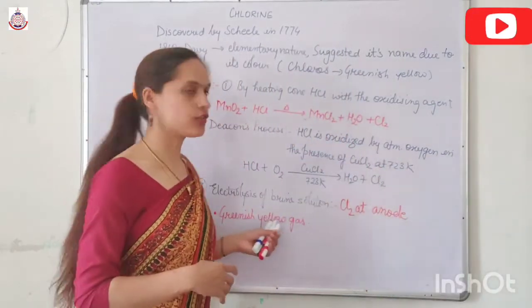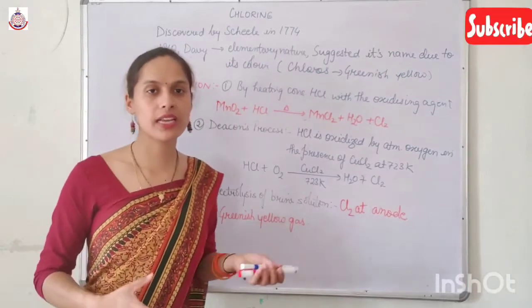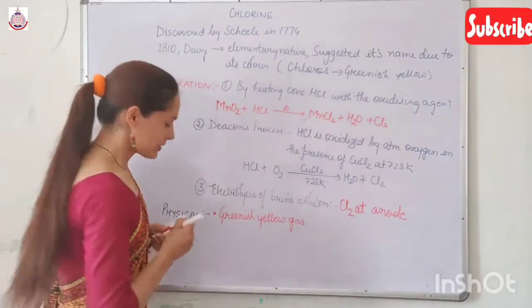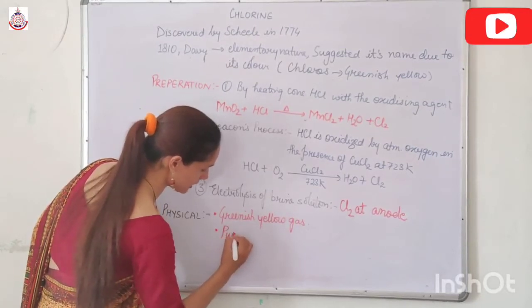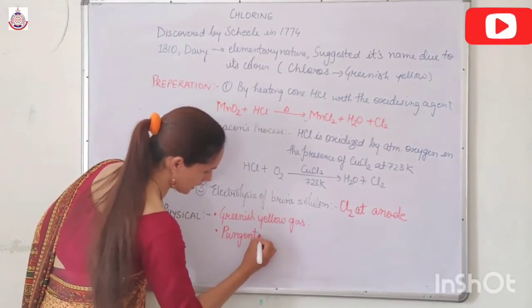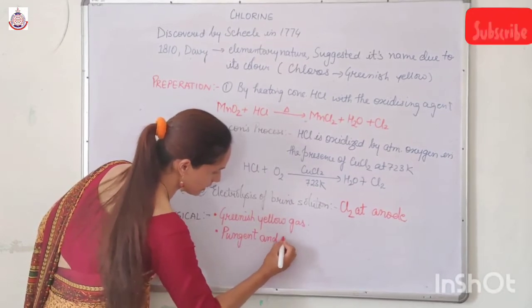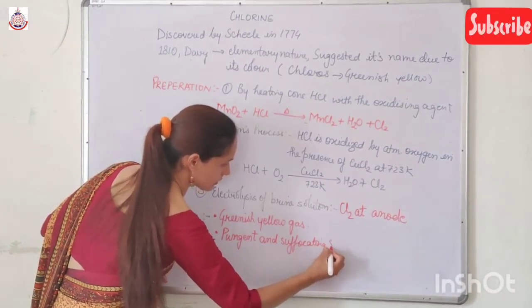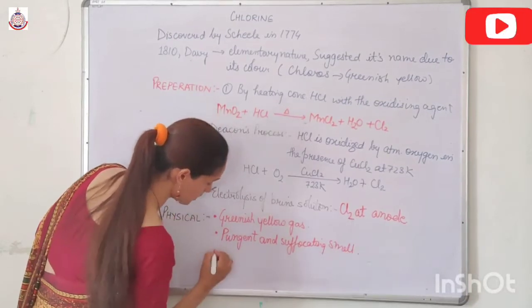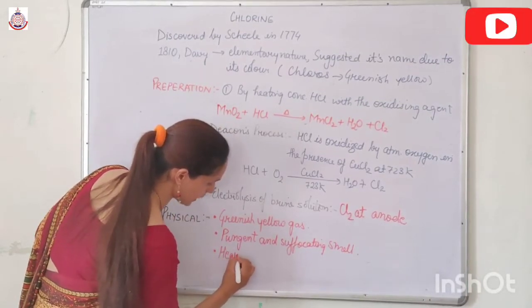So first of all, the first property is that chlorine is a greenish yellow gas. Second thing, it has a pungent and suffocating smell. Third, it is heavier than air.